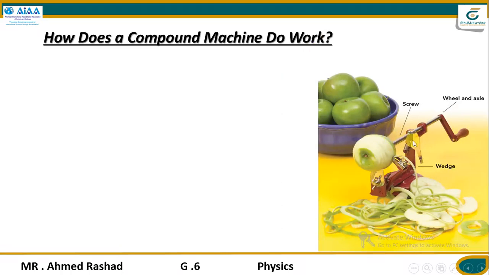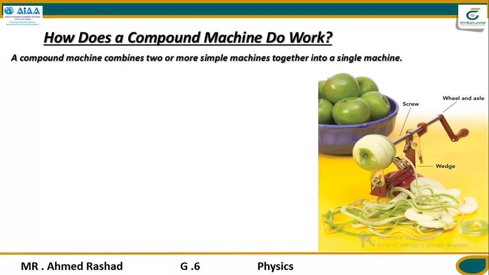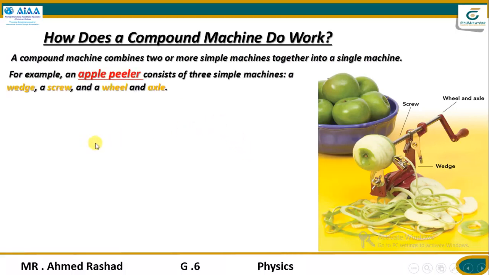Yes, that's called a movable pulley. A compound machine combines two or more simple machines together in a single machine that makes work easier, like this movable pulley.